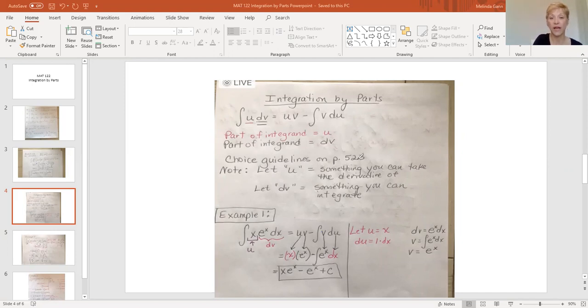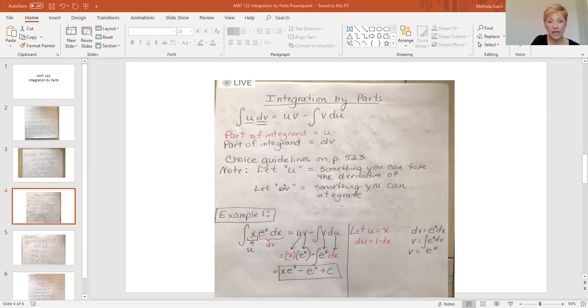Okay, now on page 523 in your books, there are some guidelines, but these are guidelines, you know, Pirates of the Caribbean, not rules. So nothing set in stone. You get to pick which part you want to be u and which part you want to be dv.